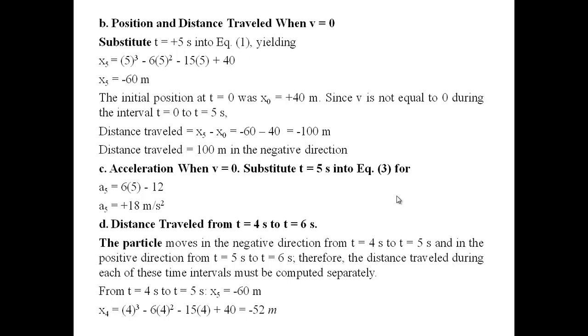You will get an answer of minus 52 meter. The positions at time 5 and time 4 are minus 60 meter and minus 52 meter, so the difference is minus 8 meter. The particle moved 8 meter in the negative direction.